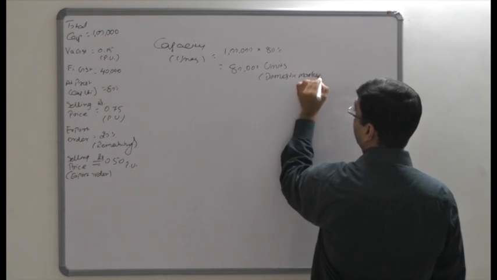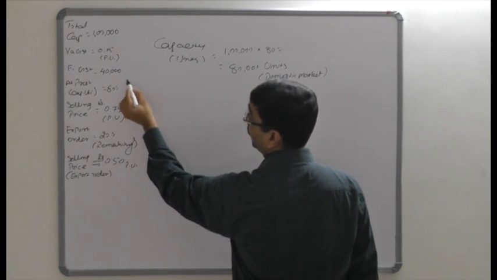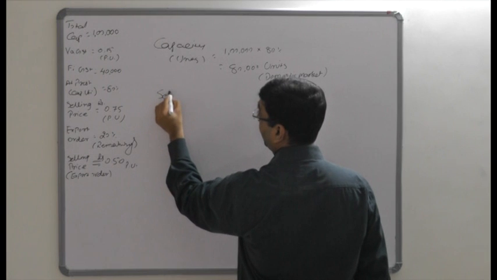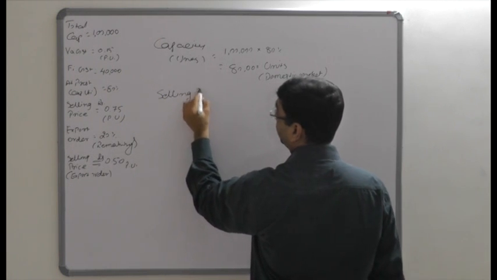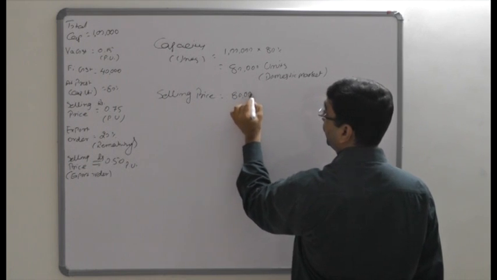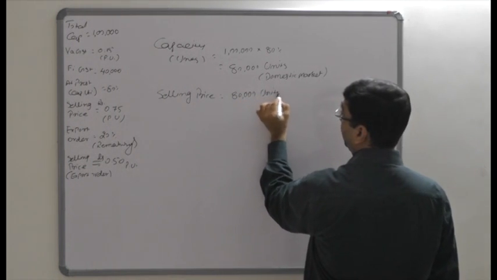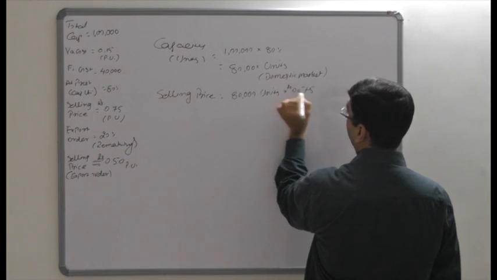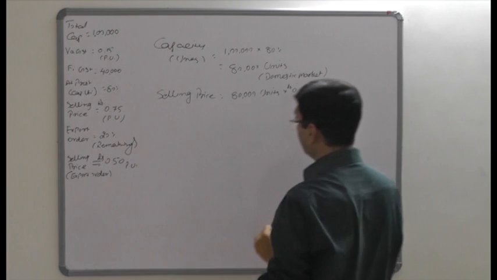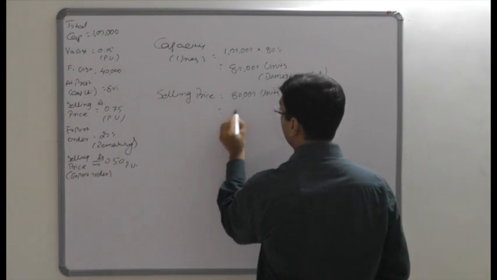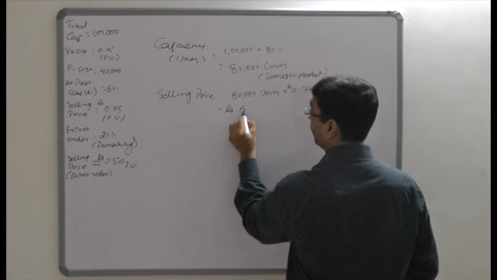Now we identify the sales value: 80,000 units multiplied by 0.75 rupees per unit comes to 60,000 rupees. That is the sales.